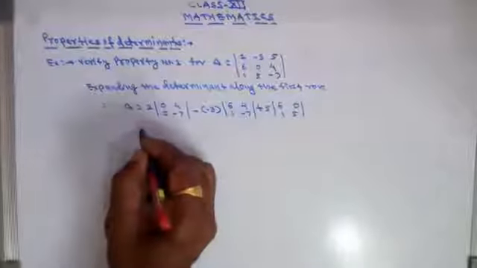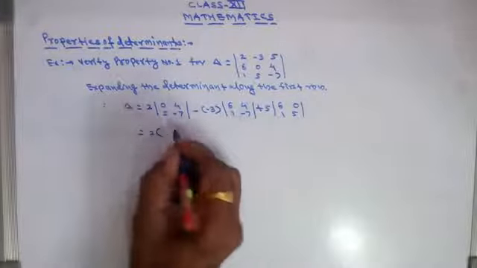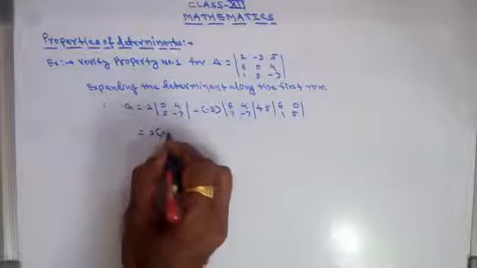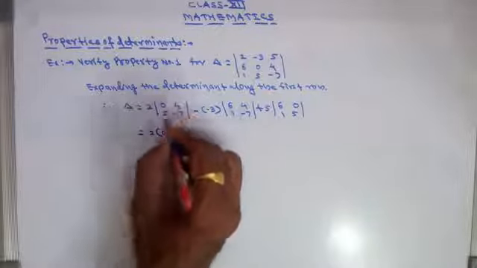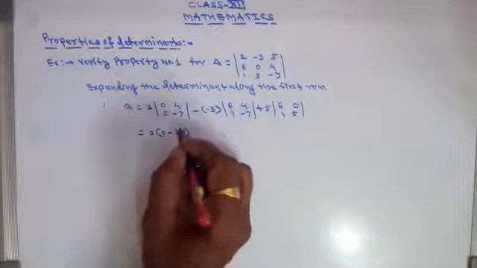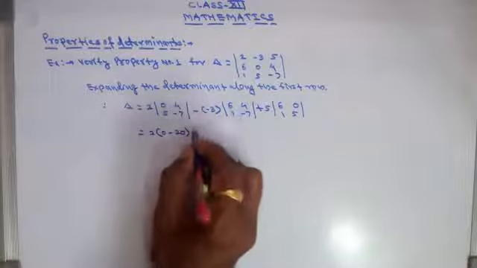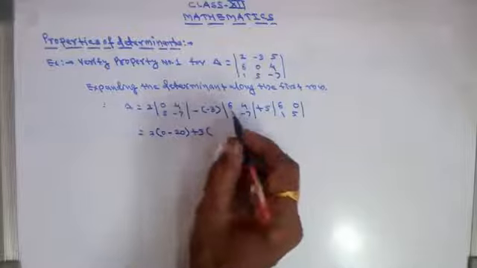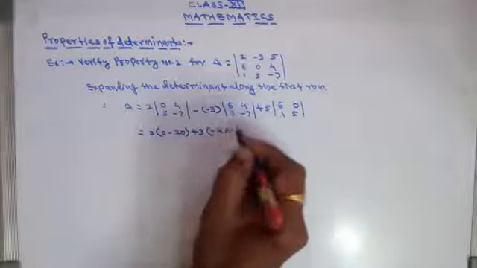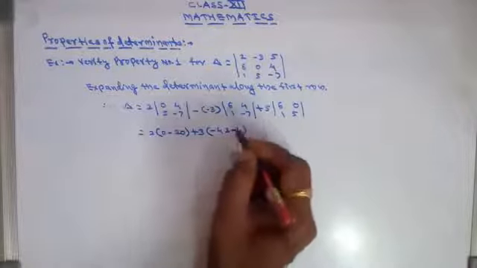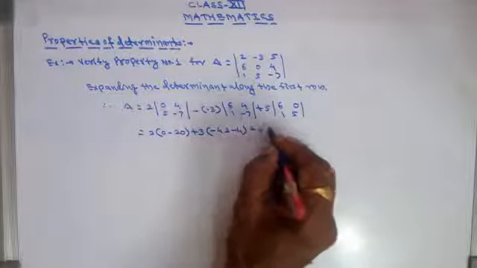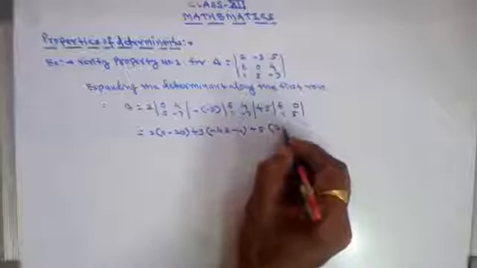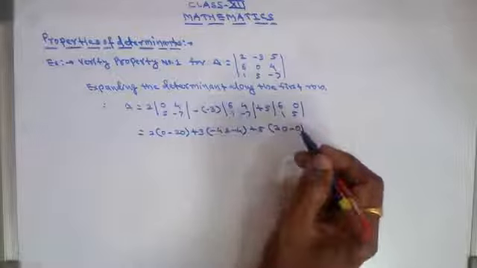So that is equal to 2 into 0 into minus 7, that is 0, minus 20, plus 3 into minus 42 minus 4, plus 5 into 30 minus 0.